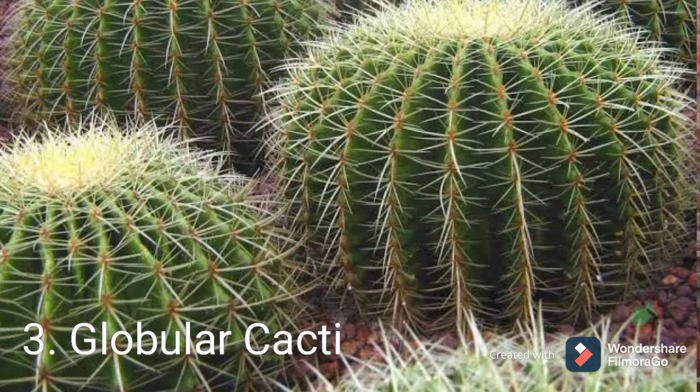They consist of erect, cylinder-shaped stems which may or may not branch, without a very clear division into trunk and branches. Third, we have globular cacti. Cacti whose stems are even smaller may be described as globular. They consist of shorter, more ball-shaped stems than columnar cacti.